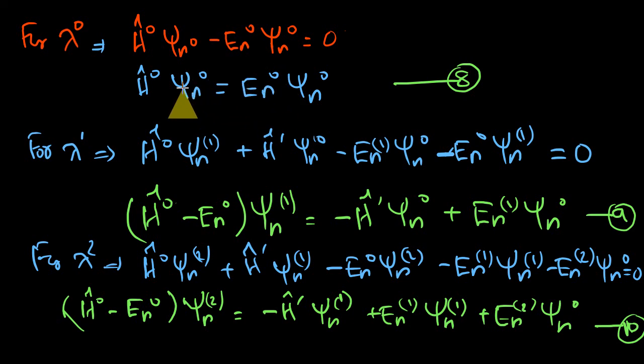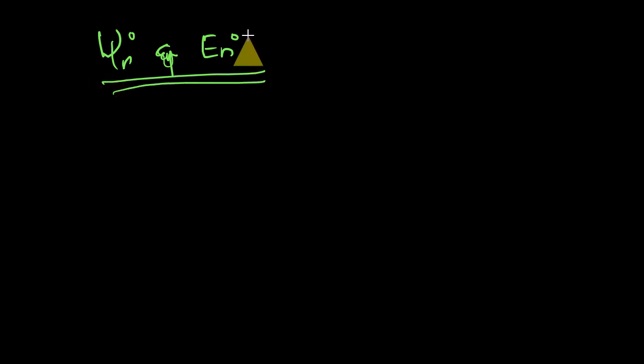So now you have psi n 0 and En 0. You can get this by solving the Schrodinger equation for the unperturbed system, and you have the Hamiltonian for the unperturbed system. You have every knowledge of the unperturbed system, so this is already known.